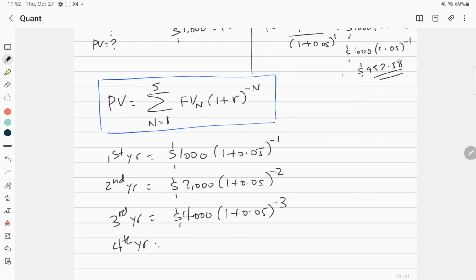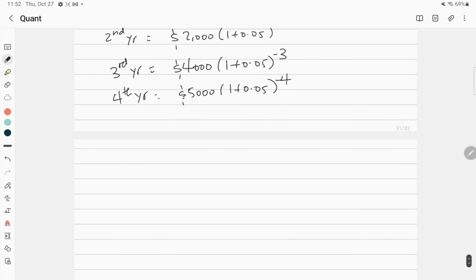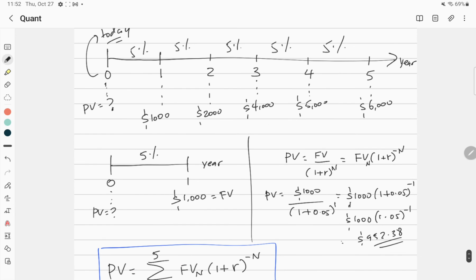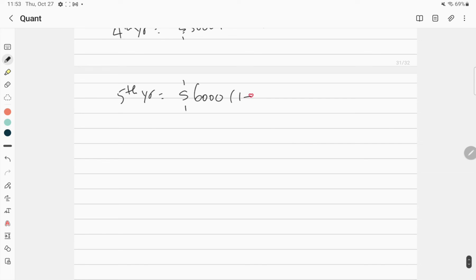Fourth year, I believe it's $5,000 times 1 plus 0.05 raised to minus 4. Fifth year, I believe the 5th-year payment is 6,000, times 1 plus 0.05 raised to minus 5.